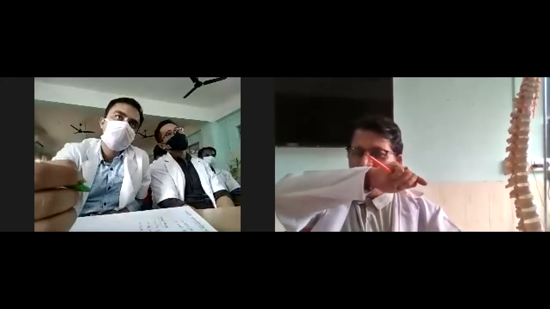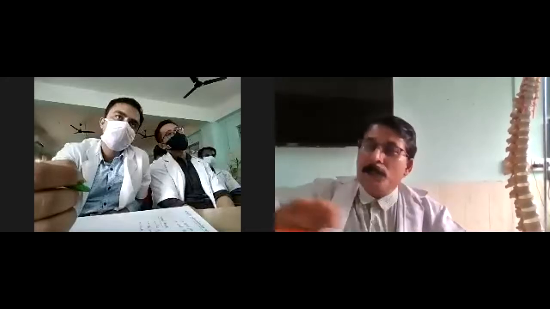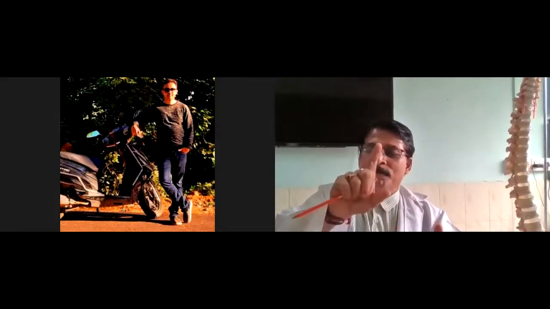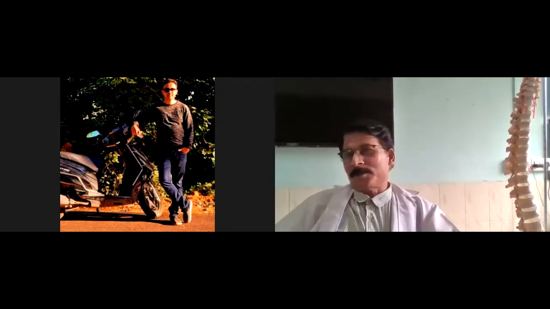This is because of the sudden depolarization. Yes, so you should understand. That is why the actual assessment of the neurological damage in a trauma situation should be done after spinal shock is over.